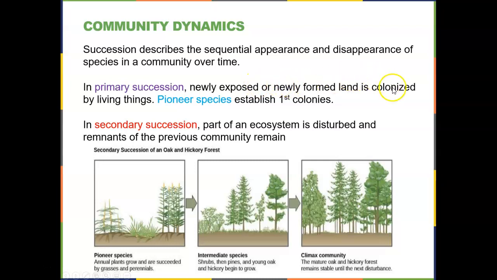And so then we need to colonize the land by living things. The very first species to colonize new land is called a pioneer species, and that's the first to establish communities. It's often algae and lichens that come in to colonize initially, and then other species will move in later. It takes a really long time. Now, secondary succession is when you have an established ecosystem, like an oak and hickory forest, that then gets disturbed.